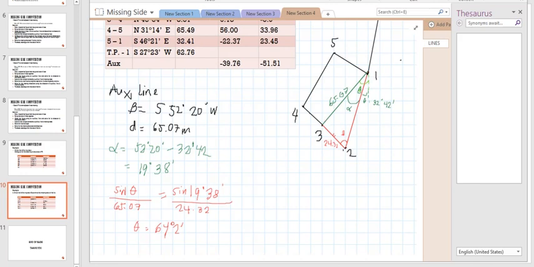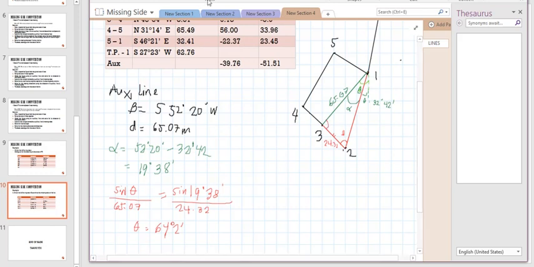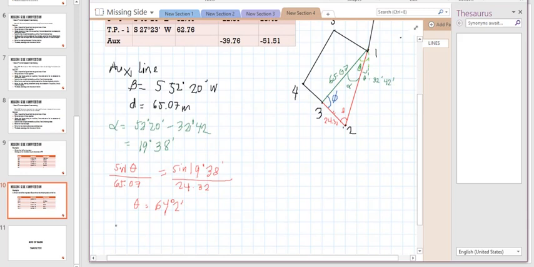Let's denote this as P. Using the relationship, P plus theta of 64 degrees 2 minutes plus alpha of 19 degrees 38 minutes must be equal to 180 degrees.